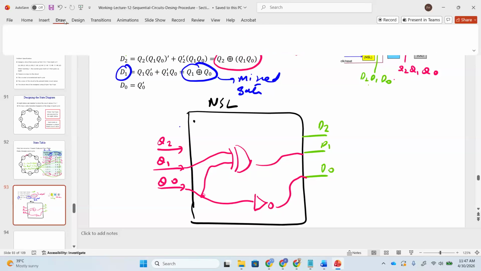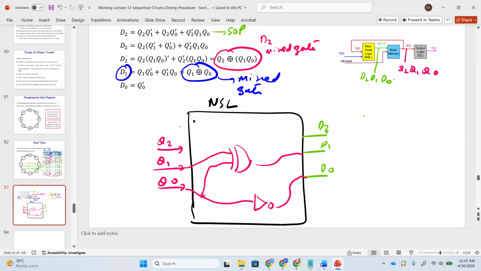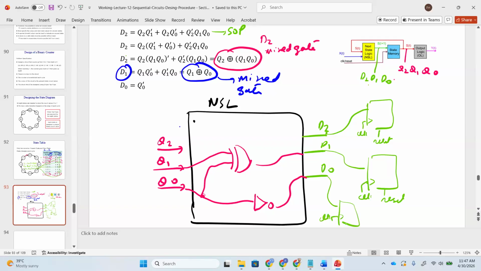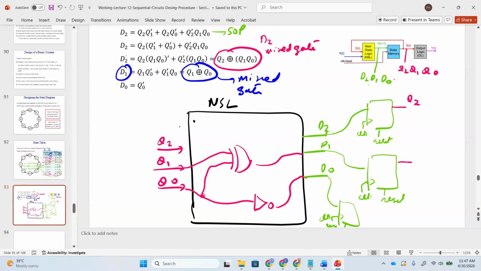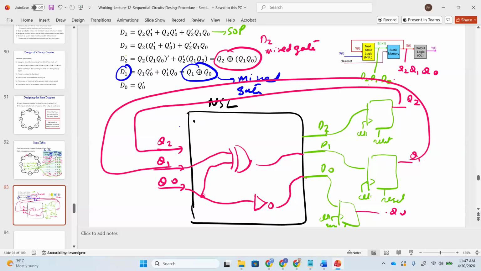So basically here we have three flip flops. The output of this is my Q2, this is my Q1, and this is my Q0, and this Q2 feedback is here, Q1 is coming here, and Q0 is coming here.